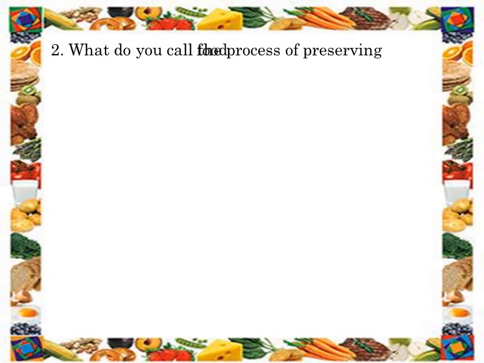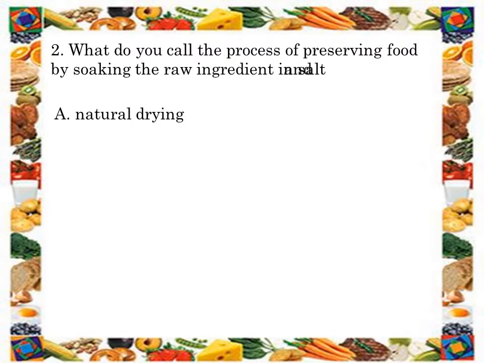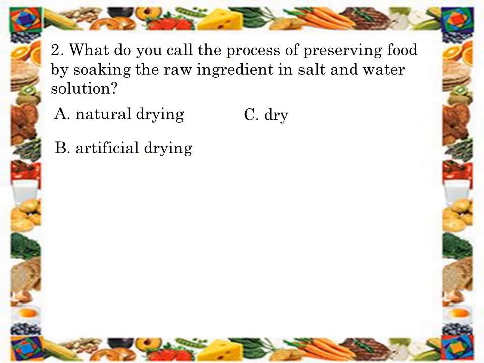Number 2. What do you call the process of preserving food by soaking the raw ingredient in salt and water solution? Letter A. Natural drying, B. Artificial drying, letter C. Dry salting, or letter D. Brine salting.